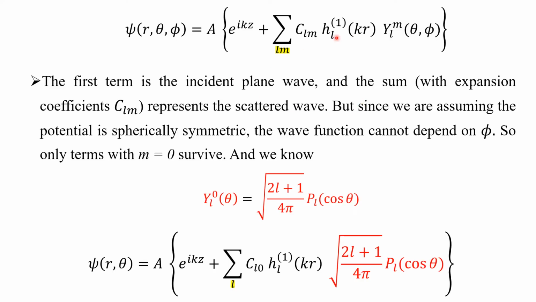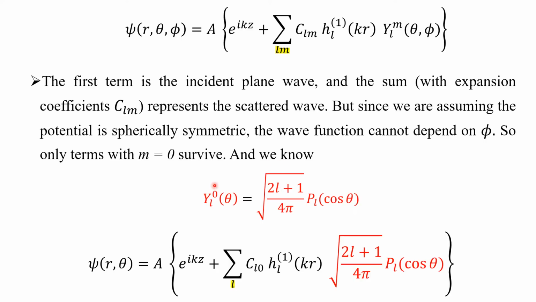Since we assumed that the potential is spherically symmetric, because the potential is localized, the wave function cannot depend on phi. So that means m must be equal to 0.